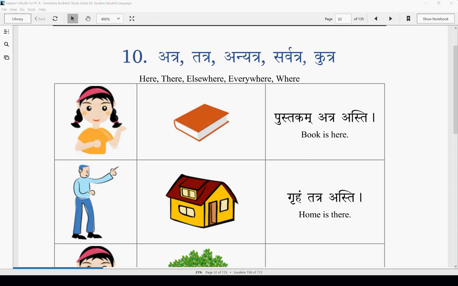But here the book has this ending m, but you said that this is no gender. So how to understand, when we are looking at the word, what kind of gender it is? How to understand that this word has no gender? Yeah.